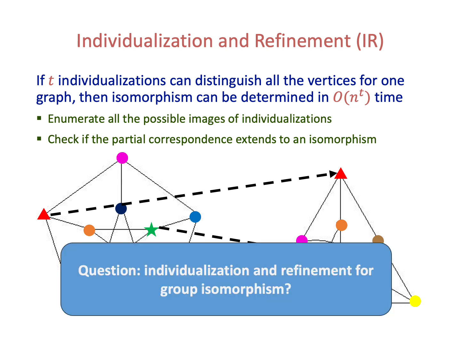Because the individualization and refinement approach is a very powerful tool for graph isomorphism, and because of the natural connection between group isomorphism and graph isomorphism, people wonder if it is possible to generalize individualization and refinement for the group isomorphism problem.